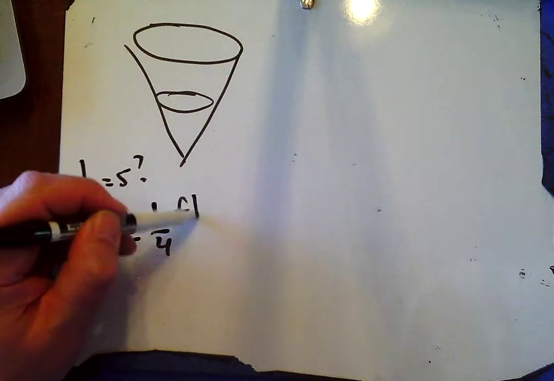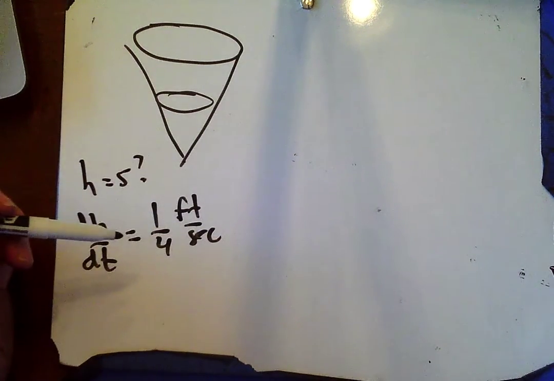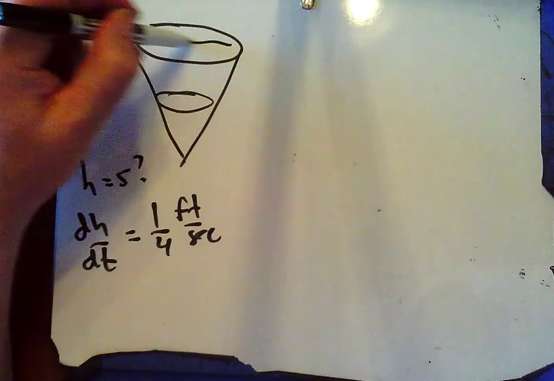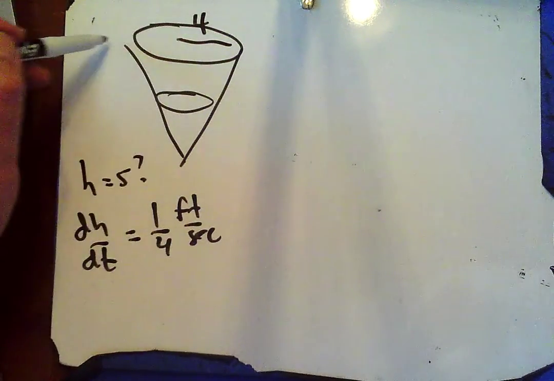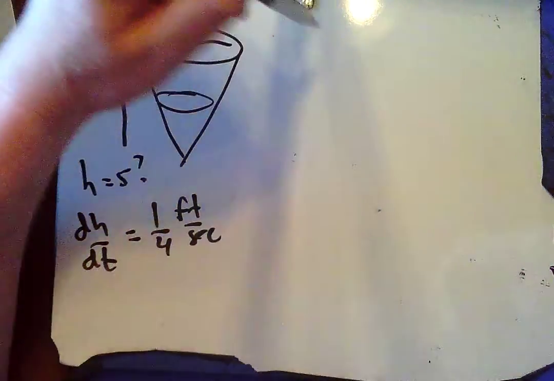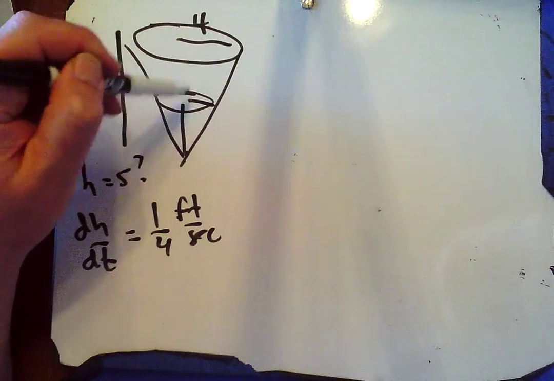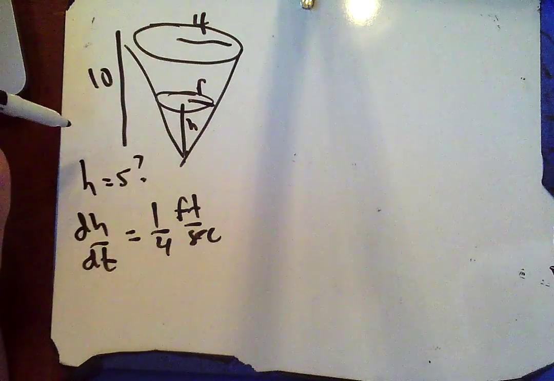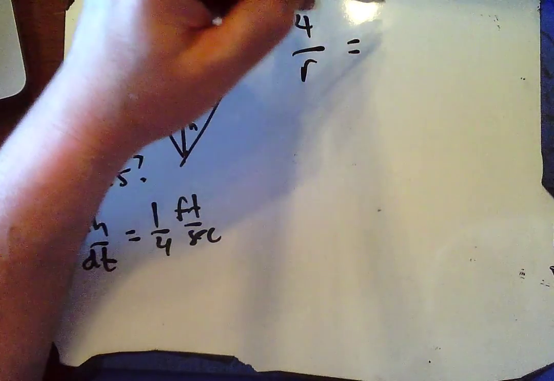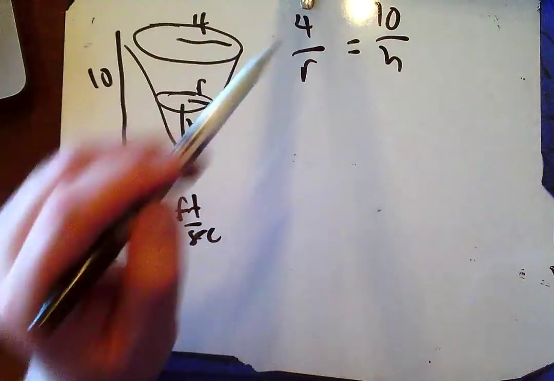I'm going to say this is feet per second. The radius of the cone is 4, and the height of the cone is 10. All right, and this is going to be one of those similar triangle situations. 4 is to R as 10 is to H.